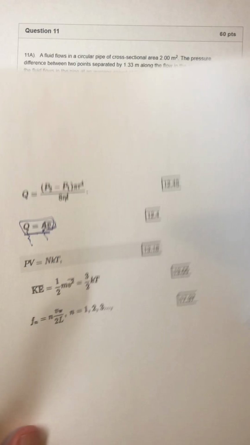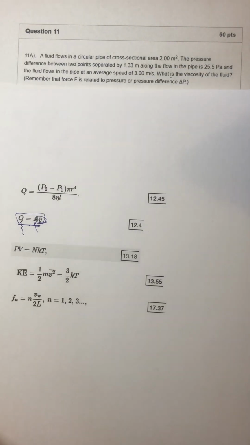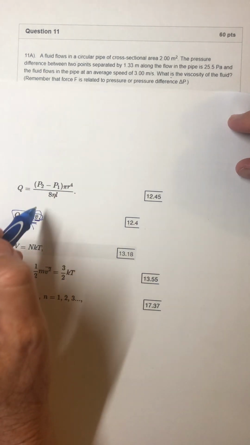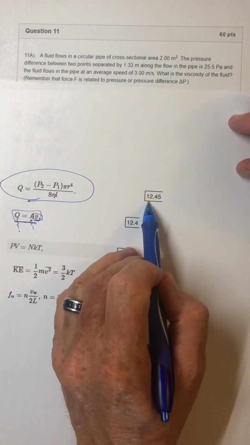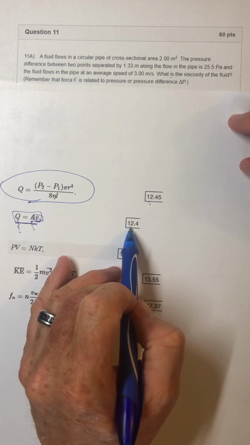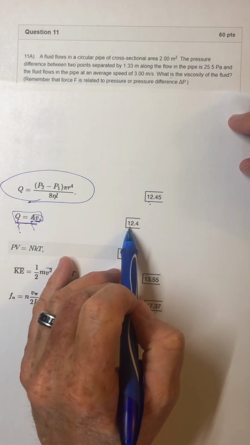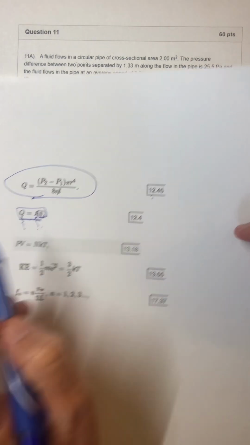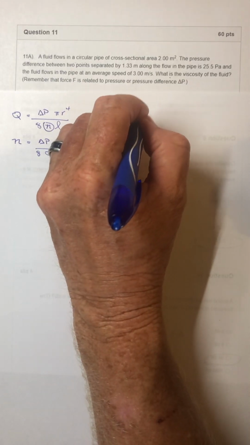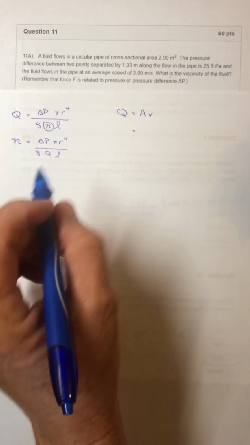And that's why I printed this sheet, because I'll just list the formulas that we need. And there it is, the first one, again, this 12.45. But we're also going to use this 12.2, because one of the things that we need in this equation is the flow rate, which is area times velocity.